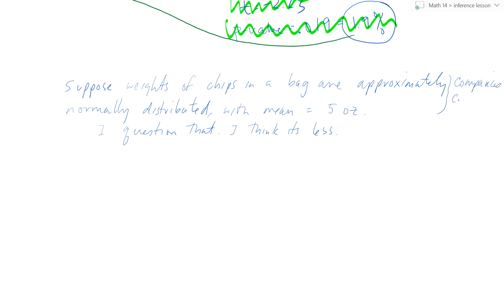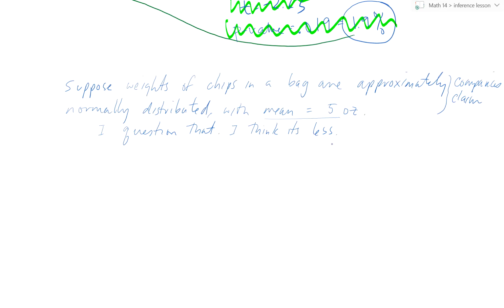I should have said that earlier. Company's claim. There's an I in there. Okay, so I think it's less. So what am I going to do? What are you going to do? What do we need to have to test this claim? Well, the company's saying the mean is 5. I think it's less.